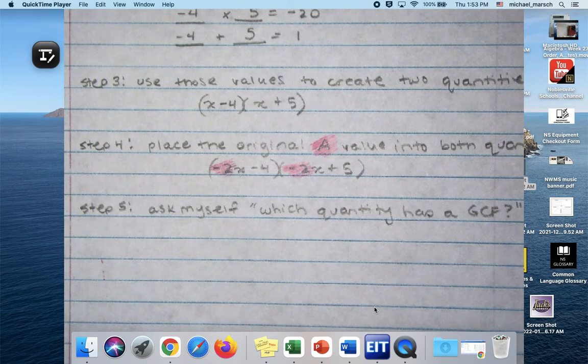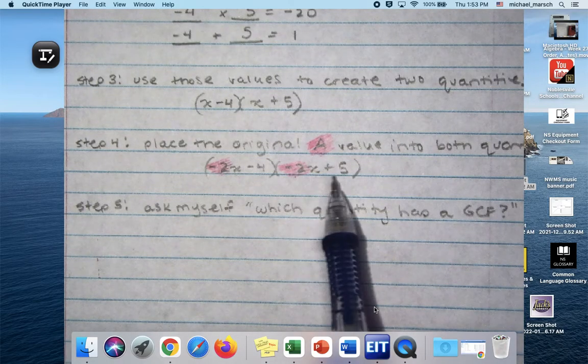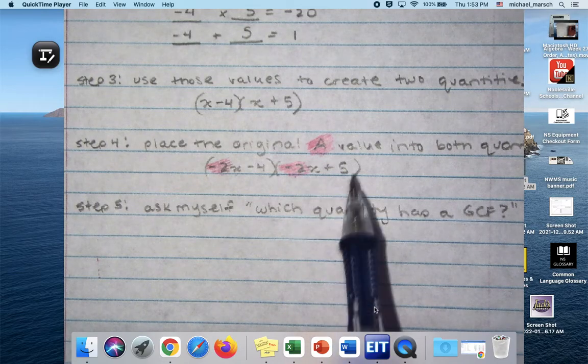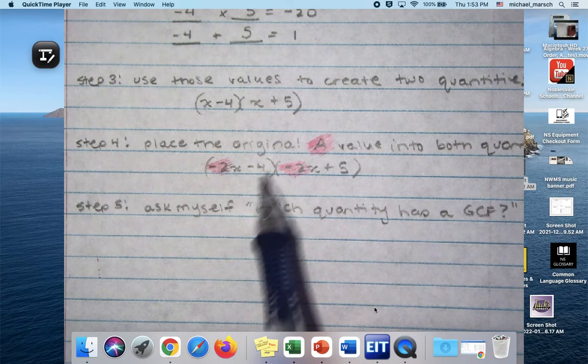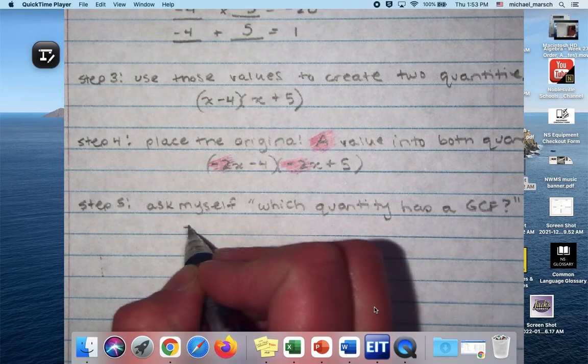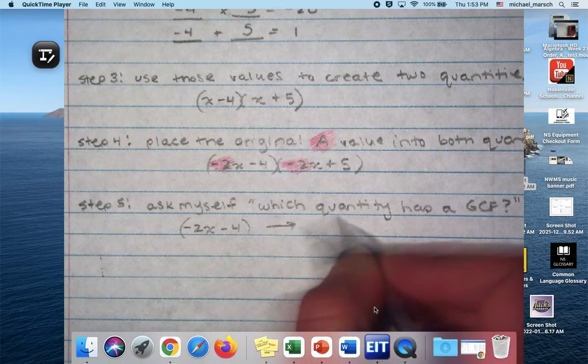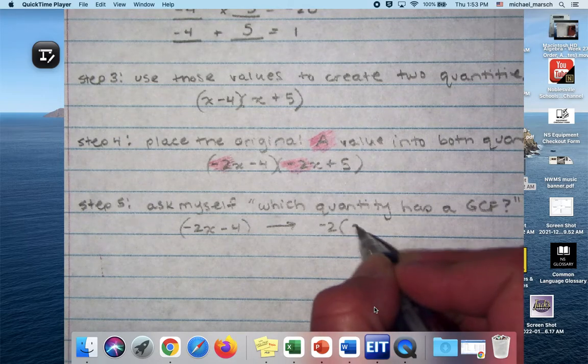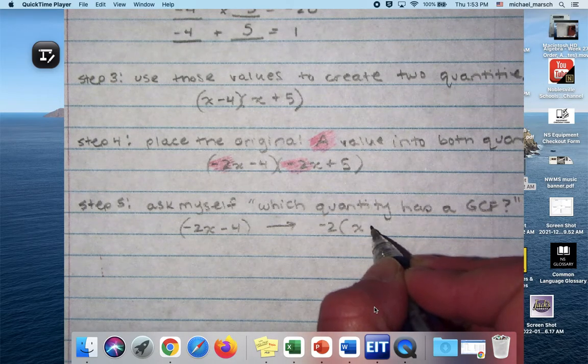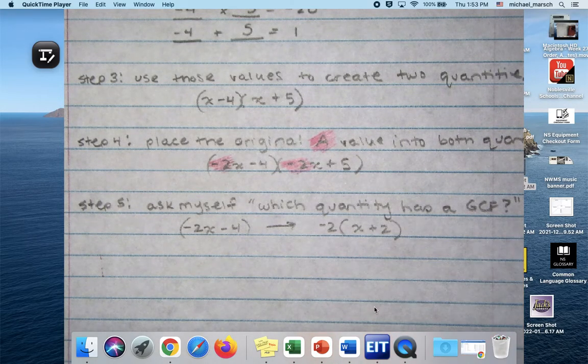What could be the greatest common factor of that quantity? 2 or negative 2, right? Nothing can be taken out of these two terms, right? But you can take negative 2 out of this term. So if I take negative 2x minus 4, I can rewrite it as negative 2 times the quantity x plus 2.